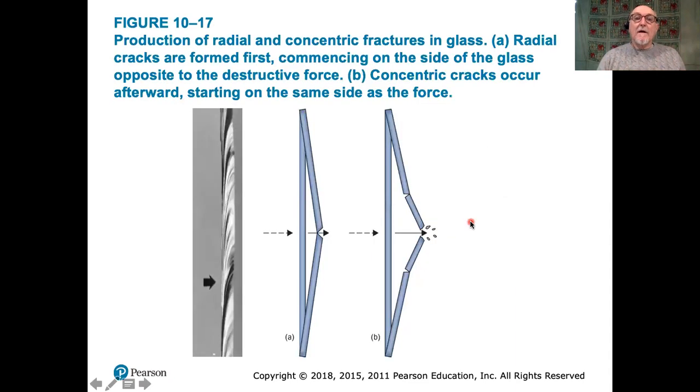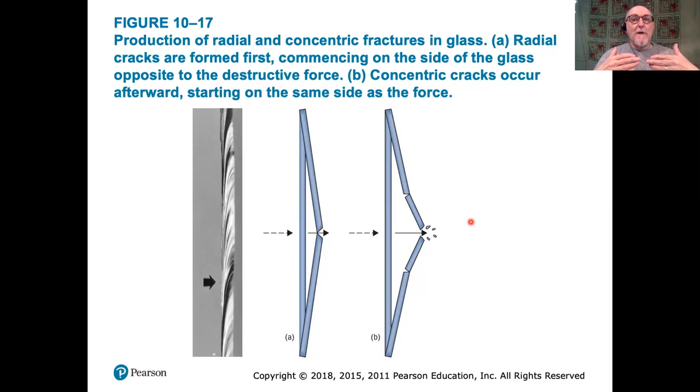So when cracks develop, they develop because glass is stressed beyond a point where it can be mechanically maintained. Glass is actually quite flexible. You can bend glass quite a lot.